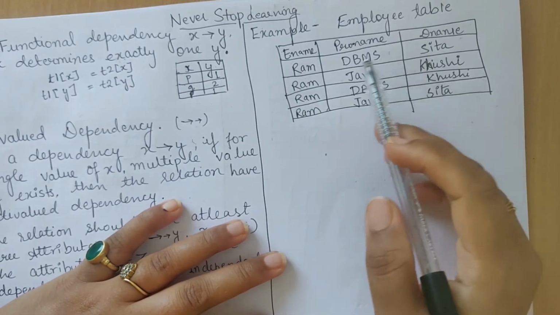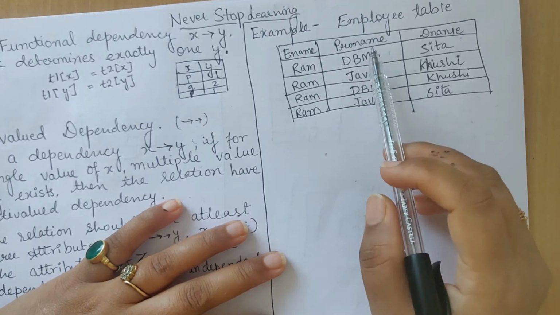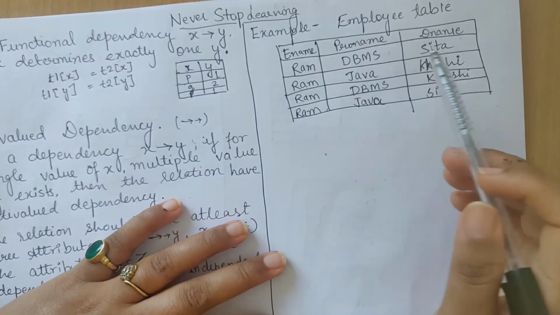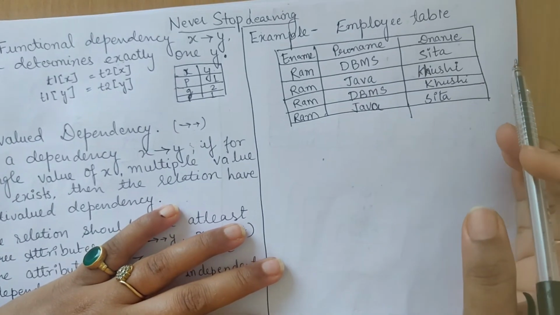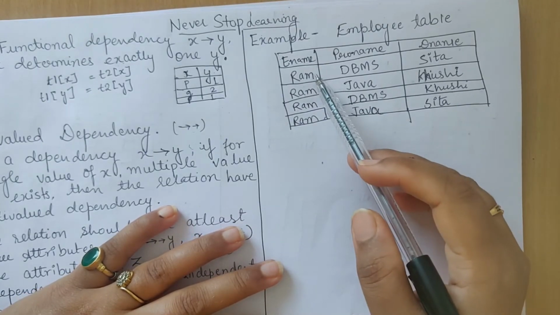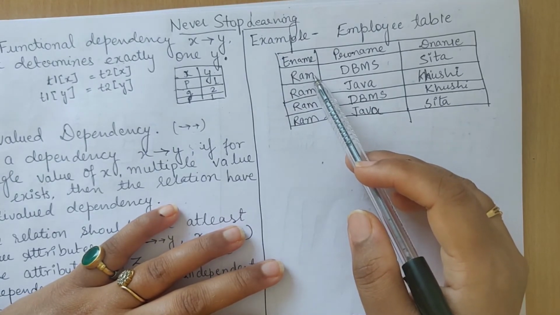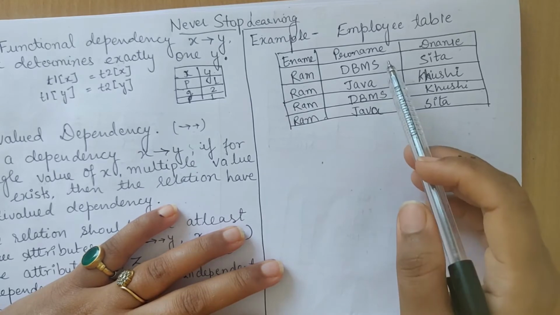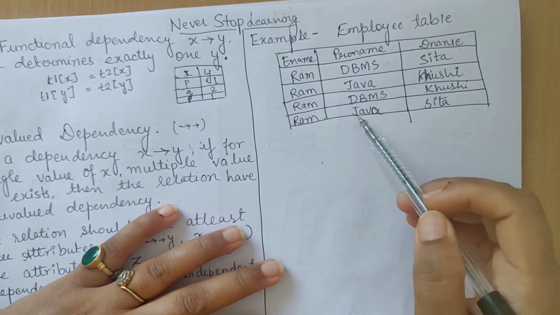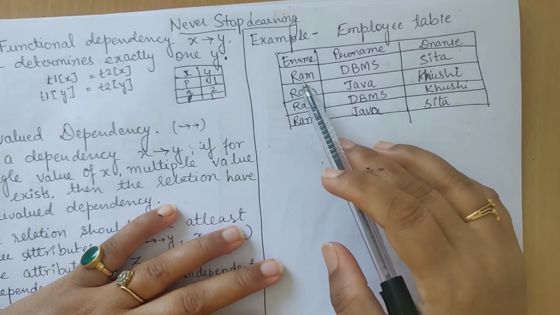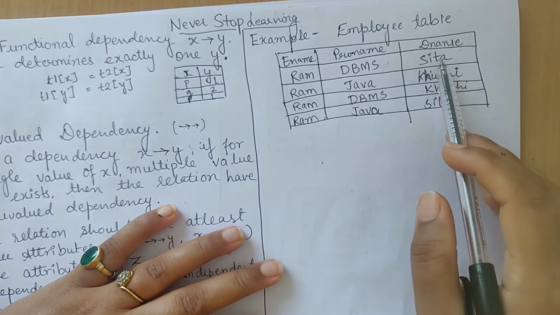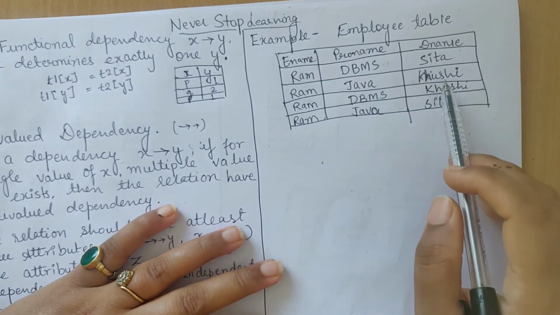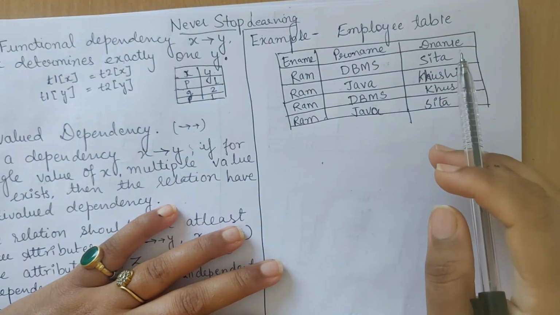So here we have an employee table of who works in a project, and who the dependents are. Now let us suppose the employee name is Ram, and this Ram is working in 2 projects, DBMS project and Java project. Let us suppose for this Ram, Sita is his wife's name and Khushi is his daughter.